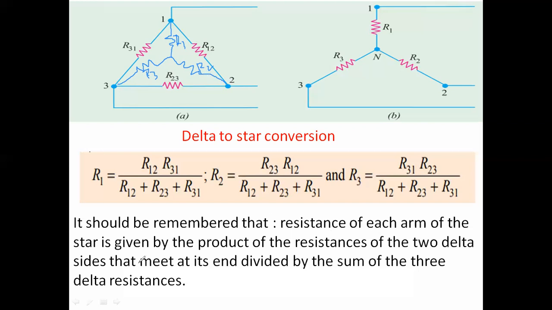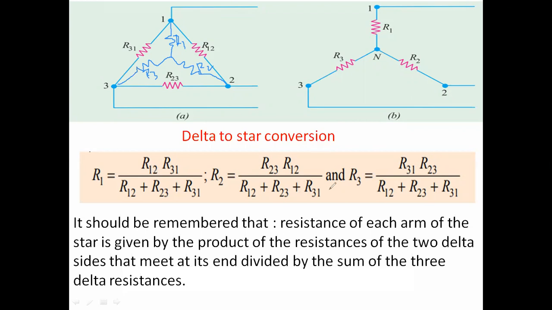We change the delta network to a star network by replacing it with R1, R2, R3, where each is determined by the two resistors at its junction: the product of those two resistors divided by the sum of all three resistors.